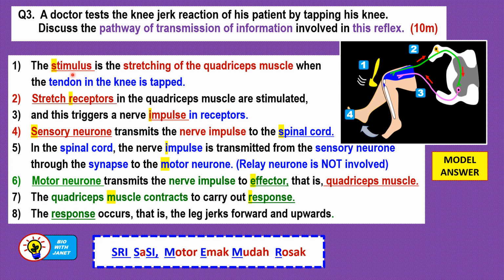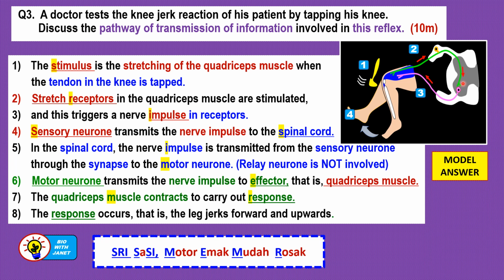So we have discussed the S, the R, and the I. Now let's go on to the word Sabri. Now S, sensory neuron transmits the nerve impulse to the spinal cord, right? Now instead of B, it should be S for spinal cord.